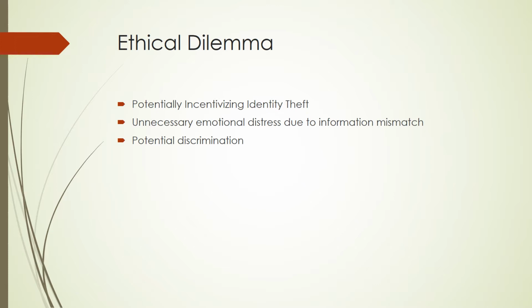And third but not least, there's potential discrimination by making E-Verify mandatory, where potential employees can be discriminated against not based on their qualifications, race, or gender, but if their status comes back as authorized or not authorized through the E-Verify system, which has known mismatch information issues.